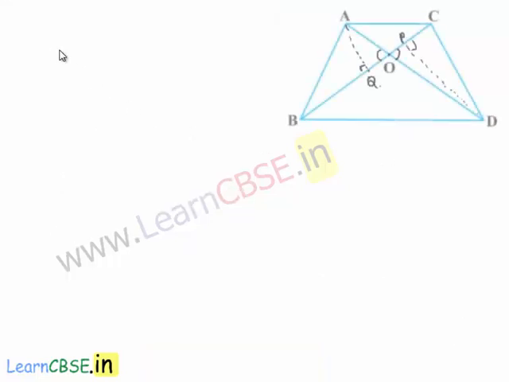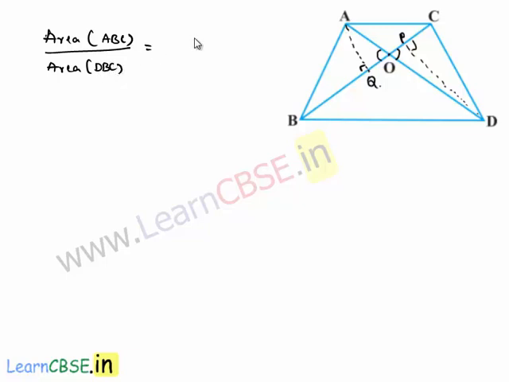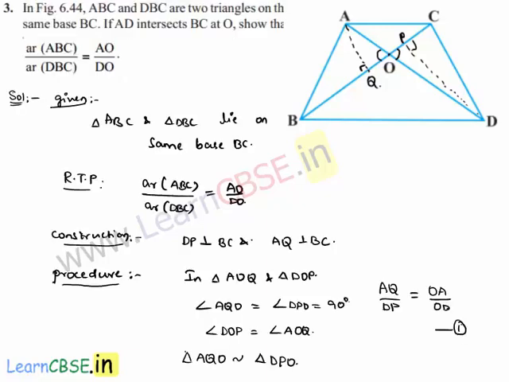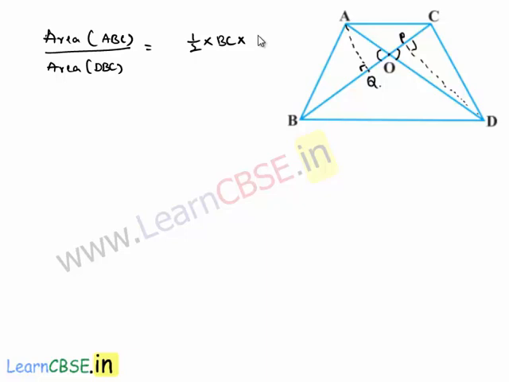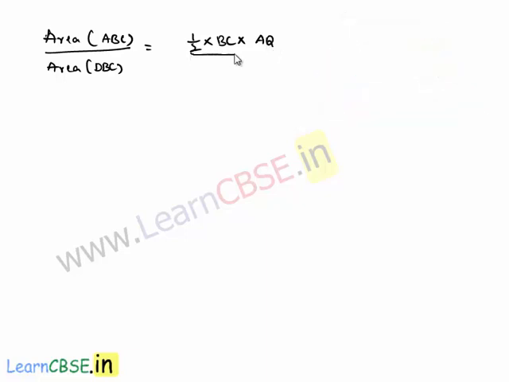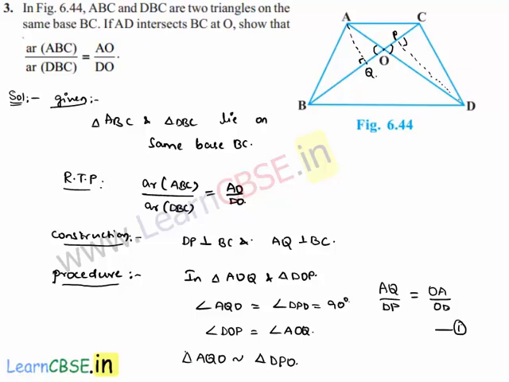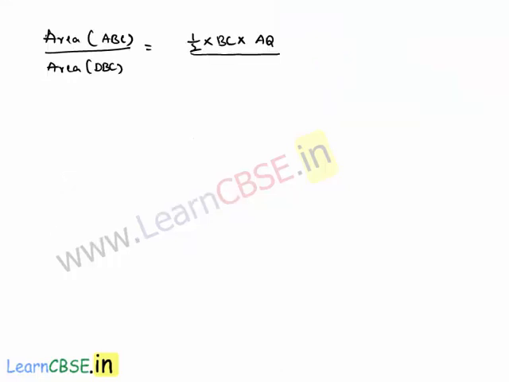Now, if we consider area of triangle ABC by area of triangle DBC, this will be equal to half times base BC into height, which is nothing but AQ here, divided by area of triangle DBC, which is half times base BC here and height DP.